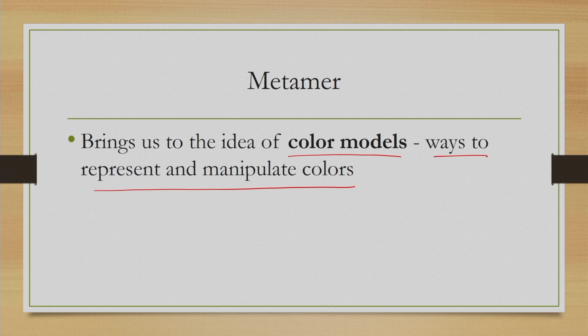That is the idea of color models. So, the idea of metamers brings us to the idea of color models, which helps us simulate colored images. We can create the perception of a color using a color model, which is supposed to be a metamer of the actual spectrum.